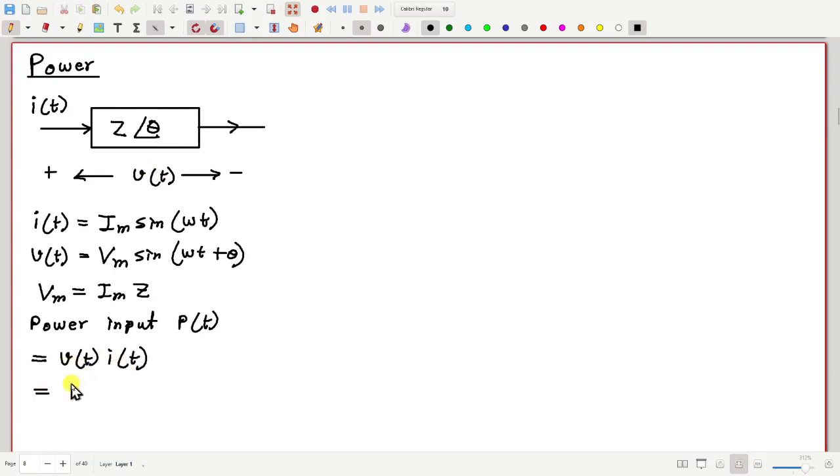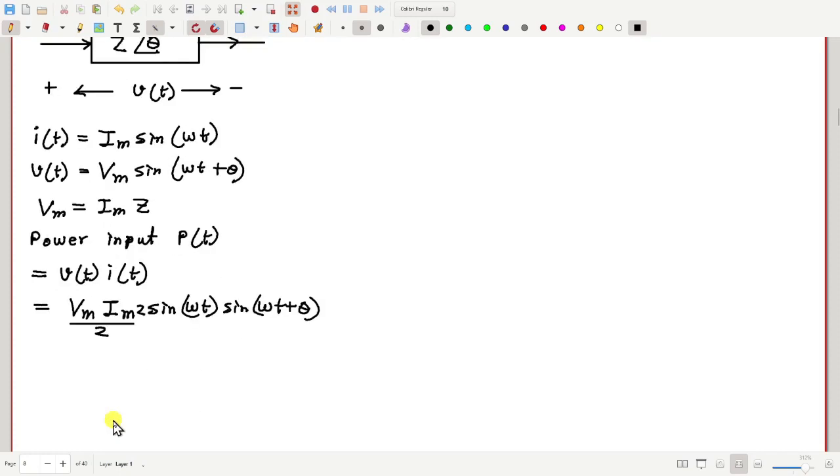Now if I write this as Vm Im, we will have sine omega t and sine(omega t plus theta). I can also multiply this with a 2 and then divide it by 2. Let me divide this by root 2 and root 2.